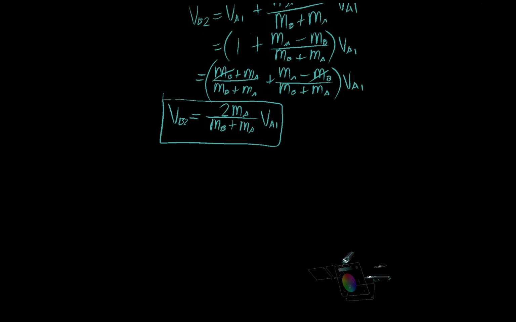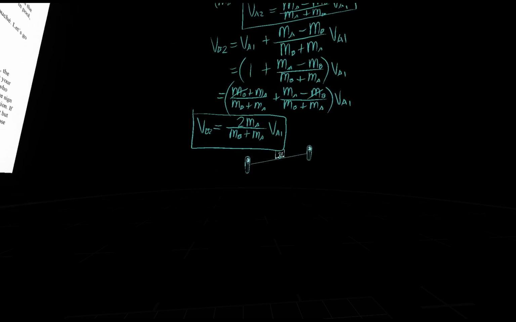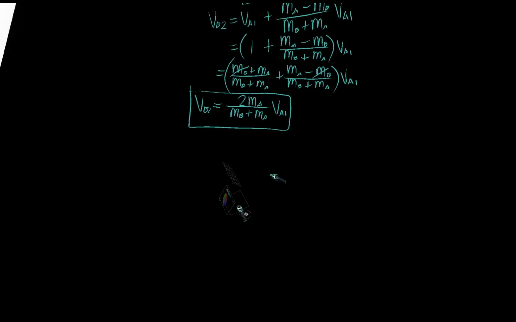Okay, so neat, you say, but we didn't derive anything useful for the problem that we halted work on, right? Because B did not start at rest for our example. So touché. Let's go back to this equation, the little equation that I said to box in. I'll write it again here.